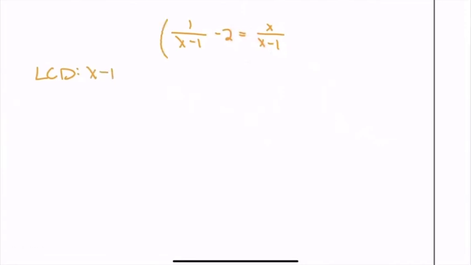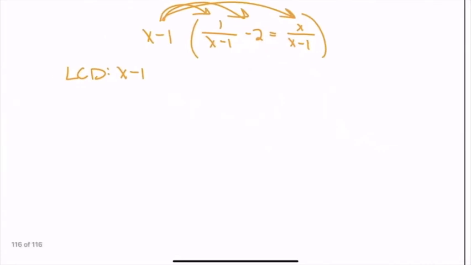So I'm going to multiply the entire thing times x minus 1. That would cancel this one and that one because they both already have it on the bottom. And that would leave me with 1 minus 2 times x minus 1 equals x. And then we'll just solve from here.